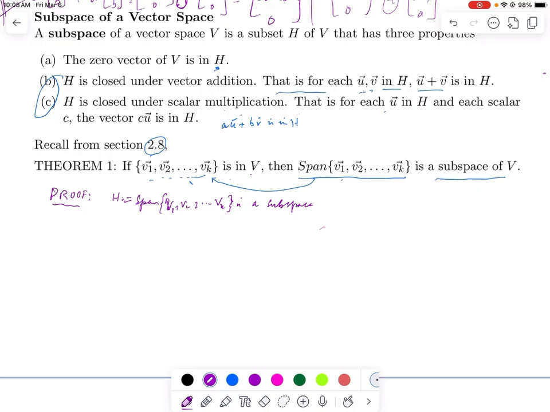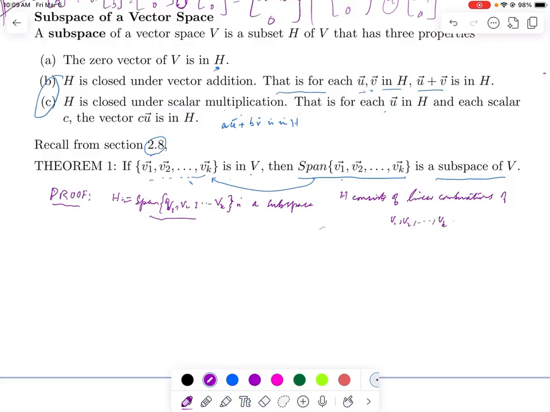First, we have to know what type of elements are going to be in this H. So H consists of linear combinations of v1, v2 to vk.